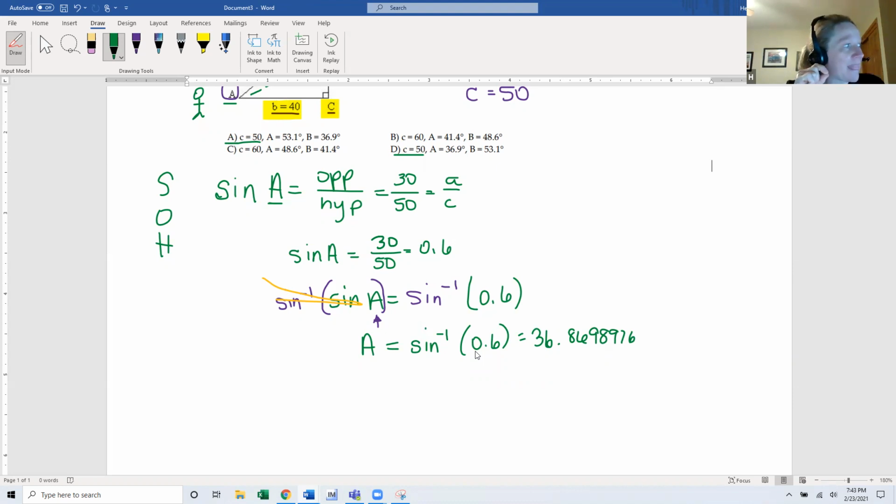If you hit shift or second, you should see, if you're using a phone, it'll actually change. On yours, Victoria, I know you're using a regular calculator, it should be written on the calculator above the sine button. Is that where you found the sine -1? Okay. So what you have to do is hit your shift or second, then hit your sine -1 button, and then put in 0.6.